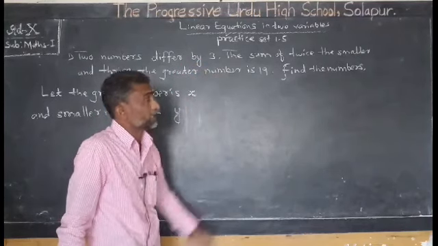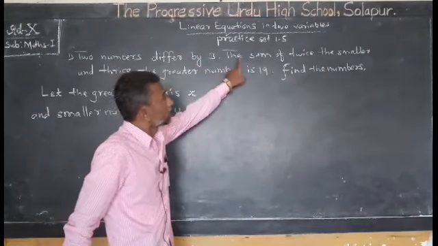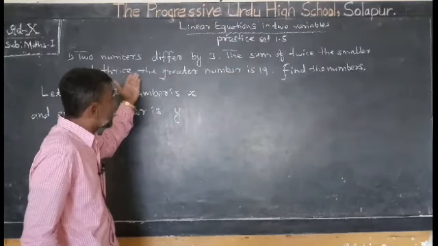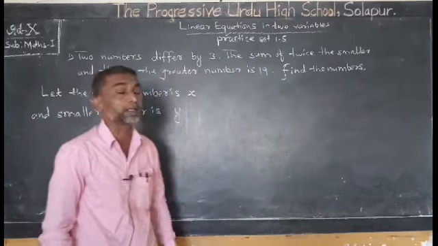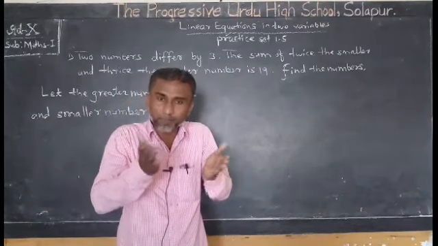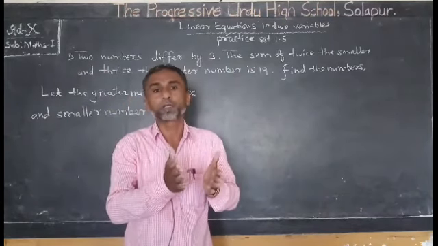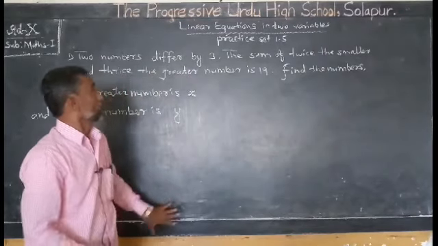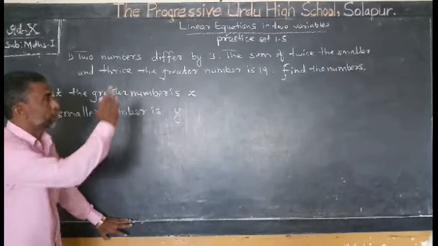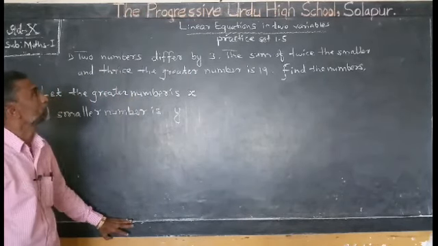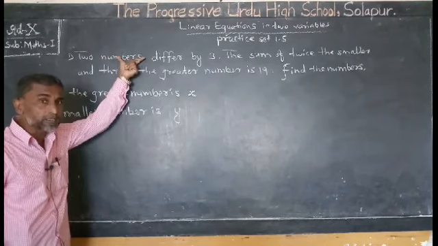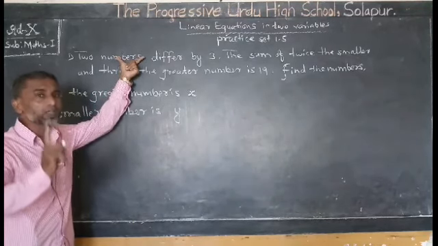Now I am going to read the second sentence. The sum of twice the smaller number and thrice the greater number is 19. So you can make another equation with the help of this information. Now, using the first sentence, you can make the first equation.